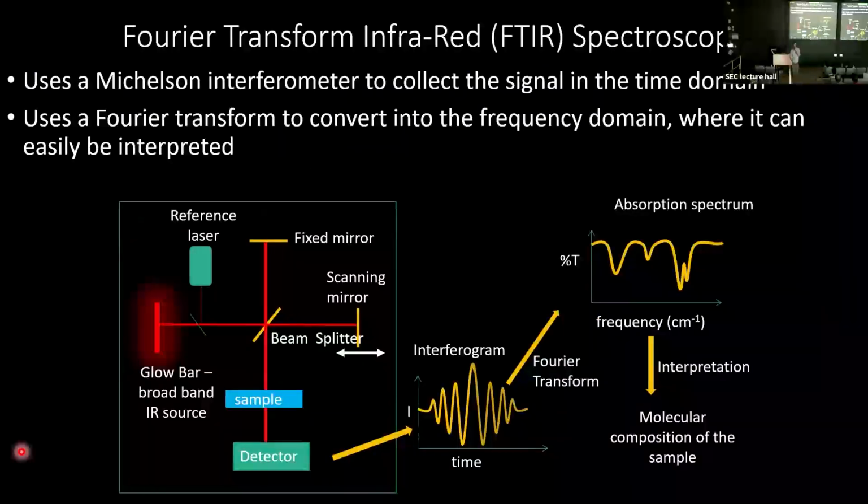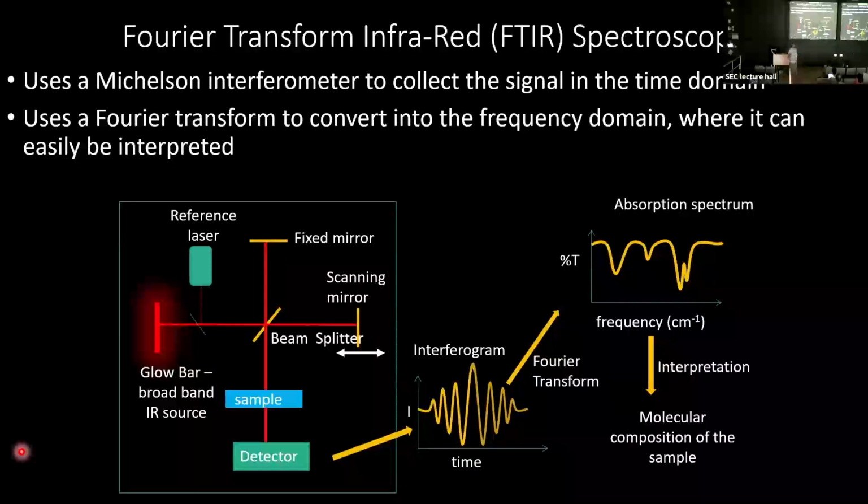So to do the infrared spectroscopy, the infrared is usually done in Fourier transform infrared spectroscopy. So the Fourier transform is a mathematical transform. Fourier was a French mathematician in the 1700s, I believe.